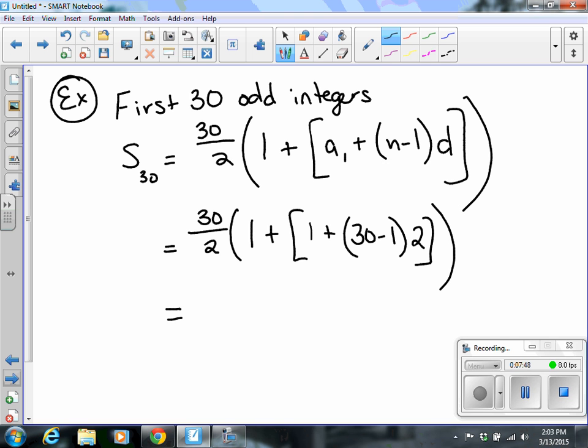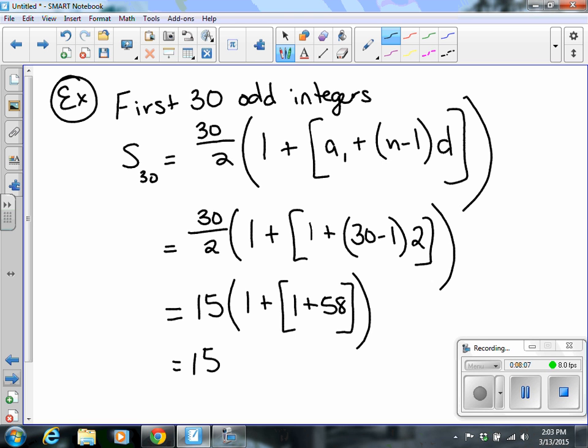So now I'm just going to go ahead and simplify this. So I have 1 plus, and then I have 1 plus, I've got 29 times 2, which is going to give me 58. So I've got 15 times 60.